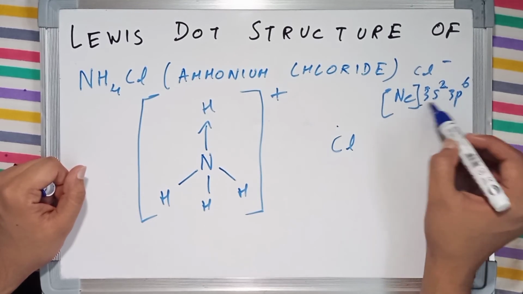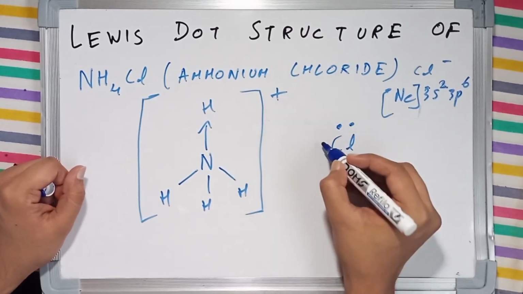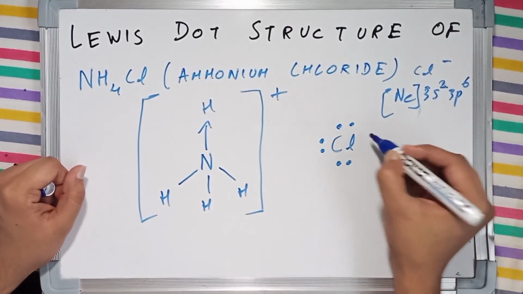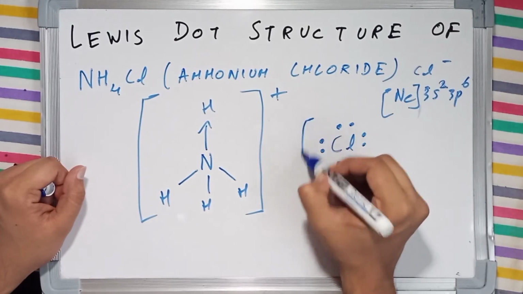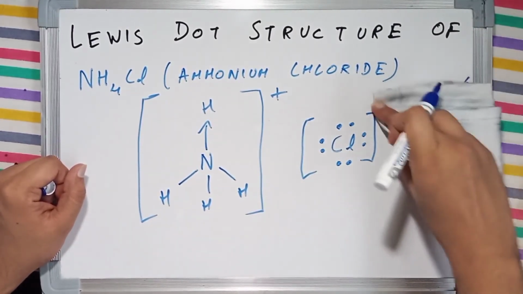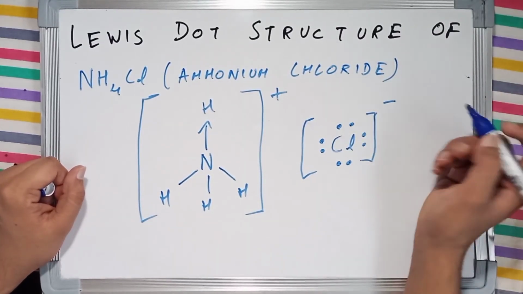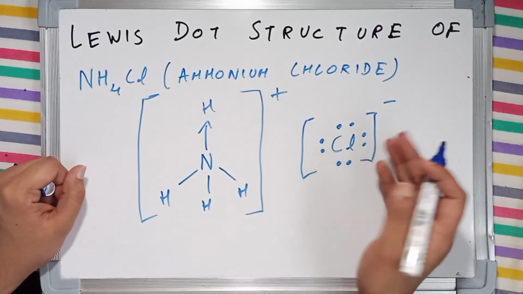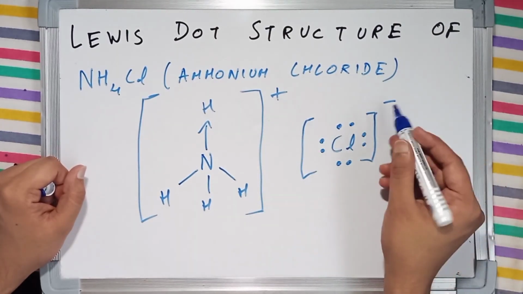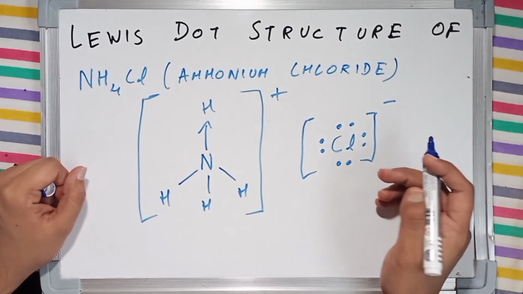The valence shell is the 3rd shell, and we can draw 8 electrons, and then put a negative charge because chlorine now has 8 electrons, which means it has gained an extra electron and has now a negative charge. And this is just the structure of ammonium chloride.